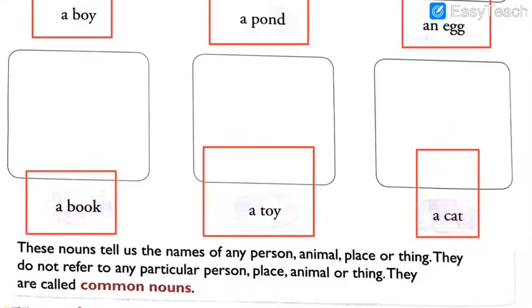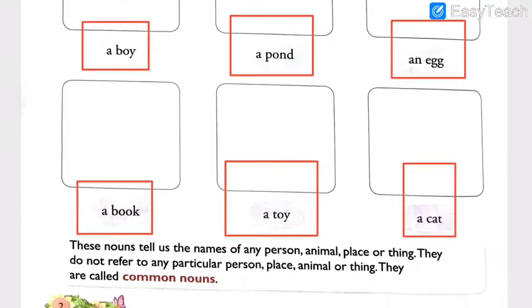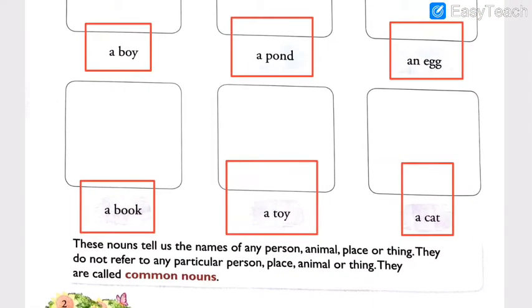Students, you can see that whatever I have highlighted, they are the name of either any place or person or animal or thing. But at the same time they do not refer to any particular person, place, animal or thing. That means they are not a definite name. They are not the name of any one person, place, animal or thing. So that is why it is called a common noun.